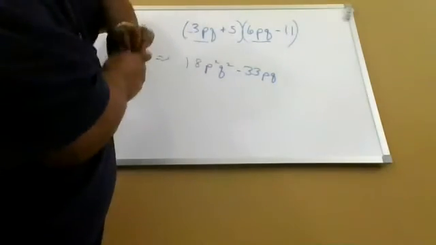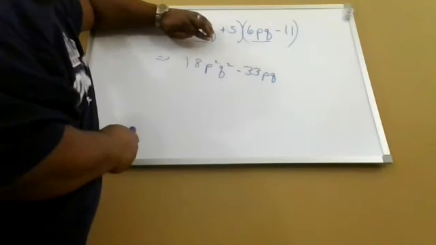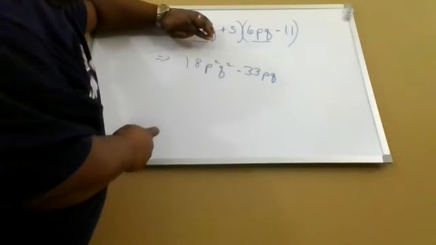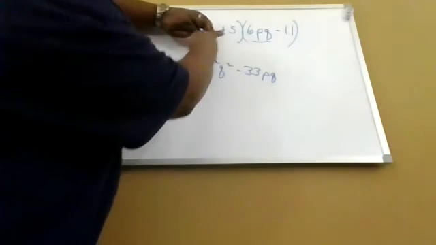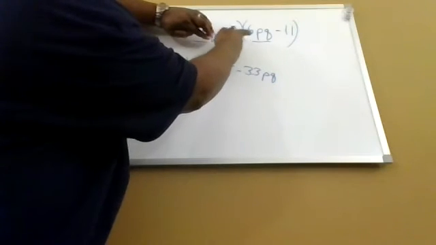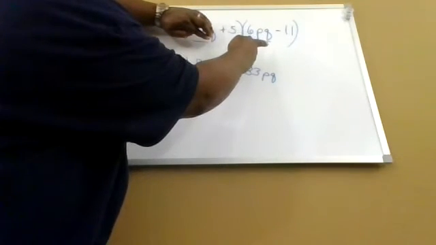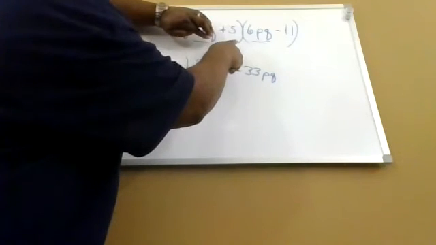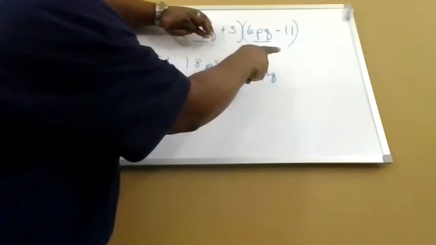So now, if you think about covering up the 3PQ, I'm going to multiply 5 times 6PQ and then multiply 5 times the negative 11.